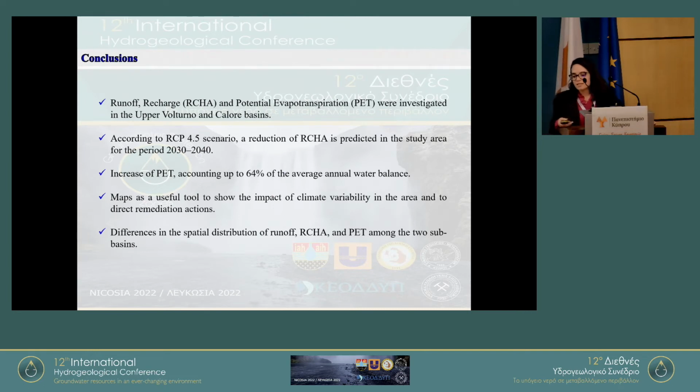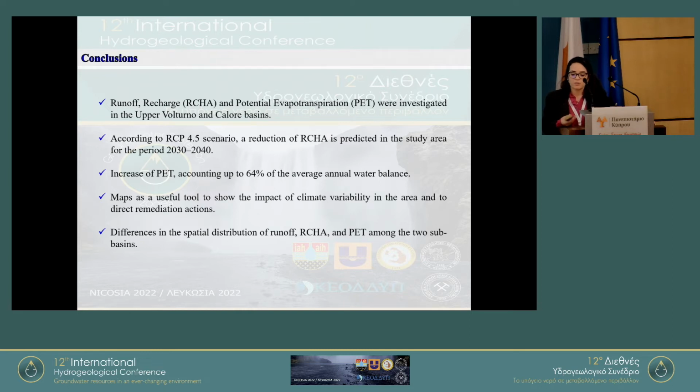Now, this slide brings me almost to the end of the presentation. Today we talked a little bit about the historical, actual and future water balance simulation in the Volturno and Calore river basins in Campania.